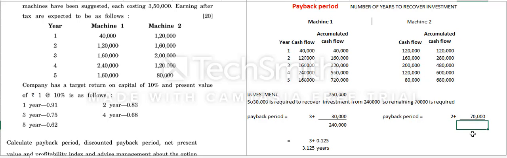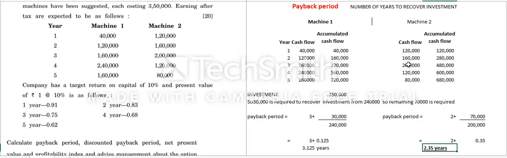So this is 2 lakh. So 2 years plus, and if I divide 70,000 by 2 lakh, I get 0.35, and what the value I get is 2.35 years.